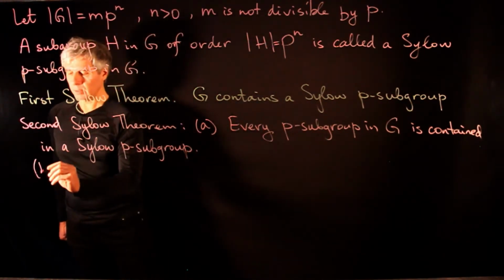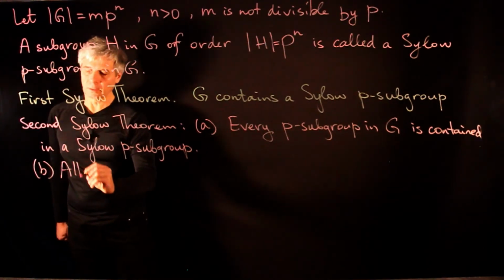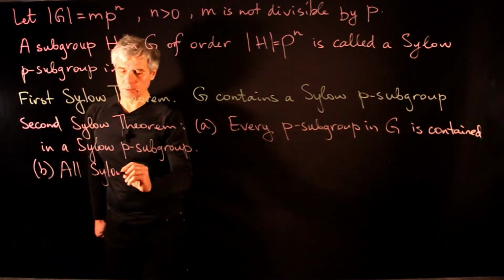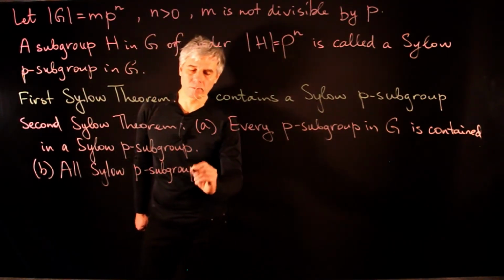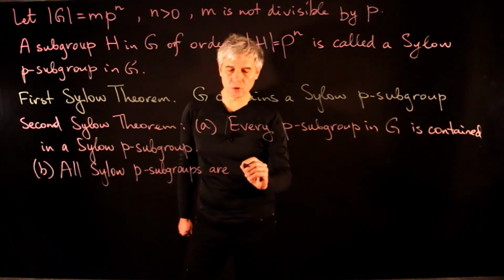And part B, all Sylow p-subgroups are conjugate to each other.